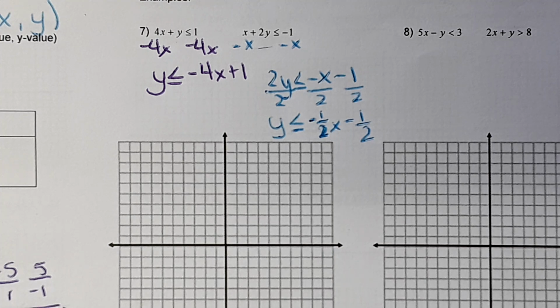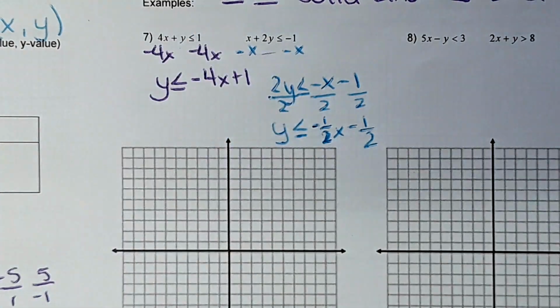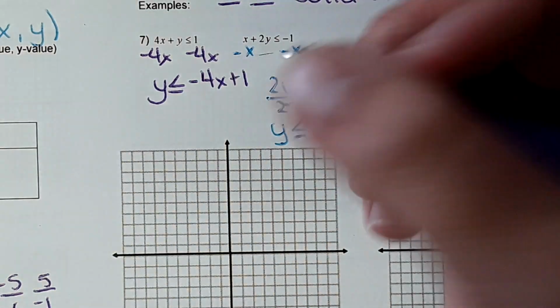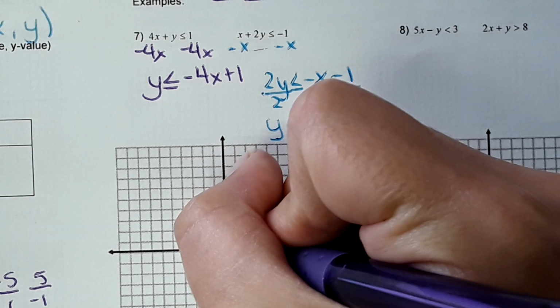And then I'm going to graph just one at a time. It is less than or equal to and less than or equal to, so I can use a solid line. I don't have to remember to do a dotted line. And I'm just going to graph. So y-intercept is at 1, and then slope negative 4.